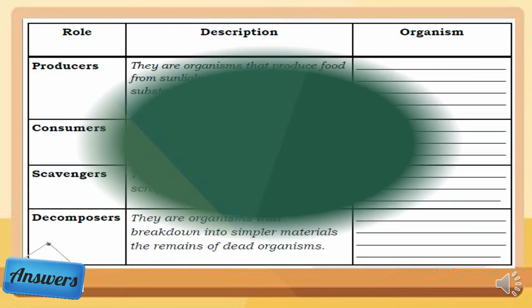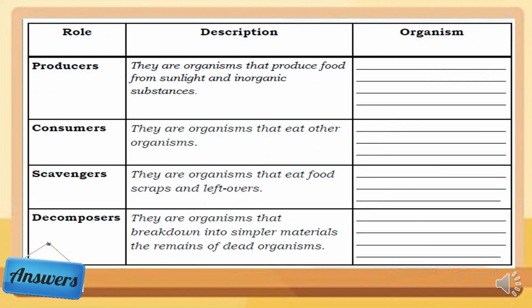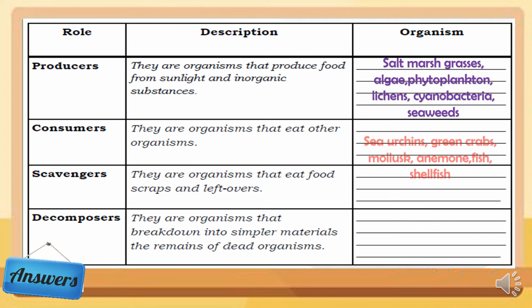This time, let us answer the learning task. For the producers, the organisms are salt marsh grasses, algae, phytoplankton, lichens, cyanobacteria, seaweeds. For consumers, we have sea urchins, green crabs, mollusk, anemone, fish, shellfish.